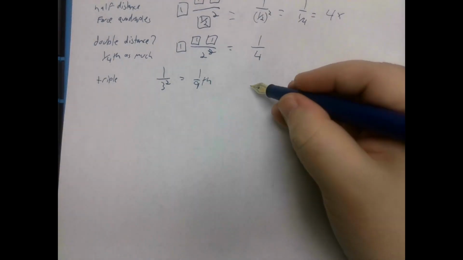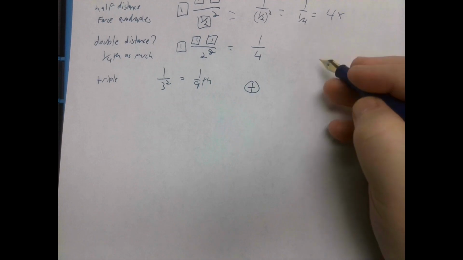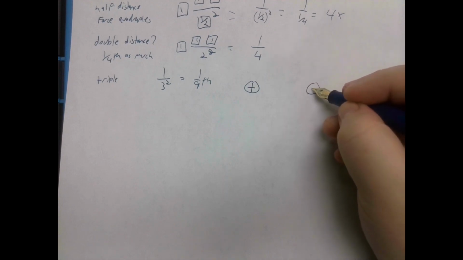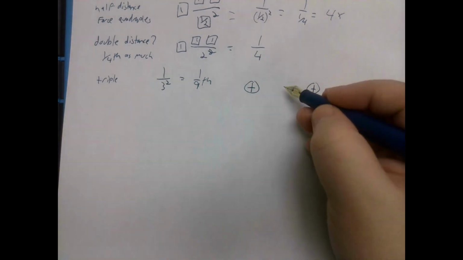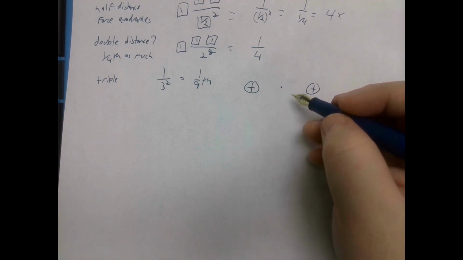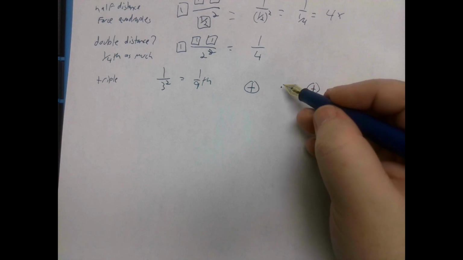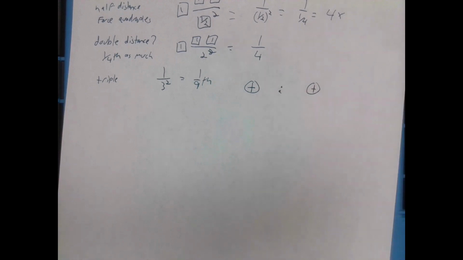So let's say I have a positive and a positive charge. What would be the strength of the field in the middle? Or equivalently, what would be the force on a small test charge Q?